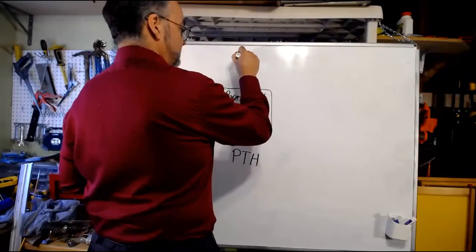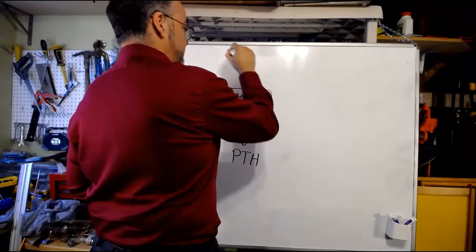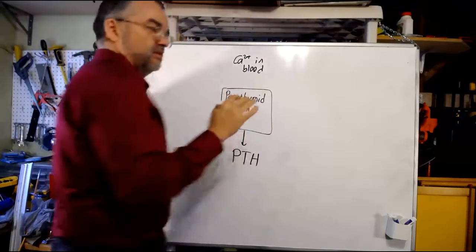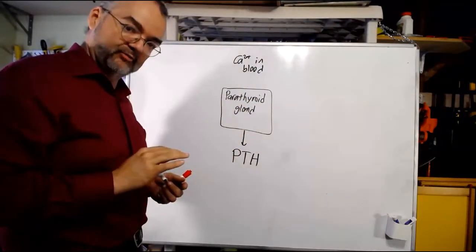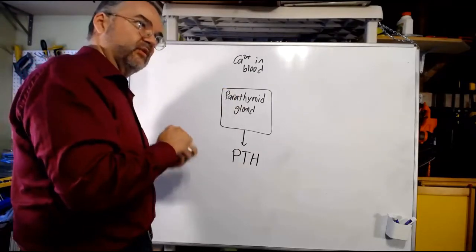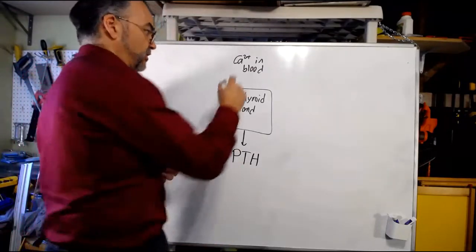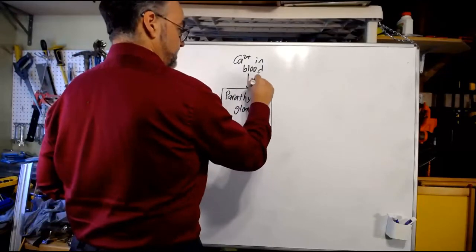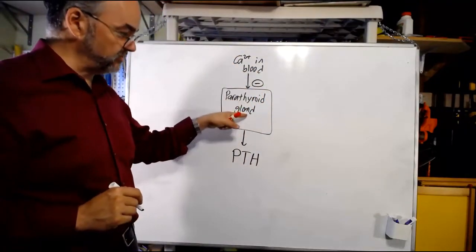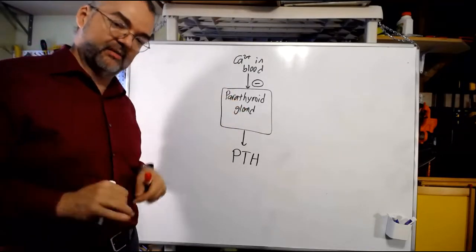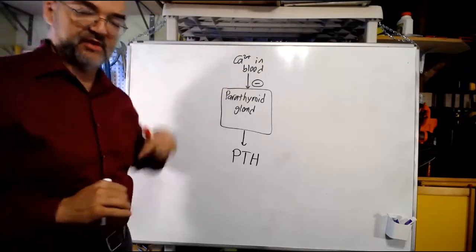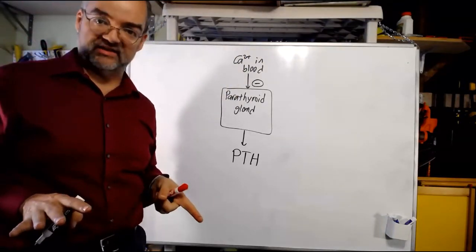We know that blood calcium bound to that G-protein coupled receptor, which then caused the release of internal calcium into the cell, which suppressed release of parathyroid hormone. So we know that calcium, I'm going to put a little minus here, acts to reduce how much PTH it secretes. So this is a way of saying that calcium stops the parathyroid gland from doing what it does.